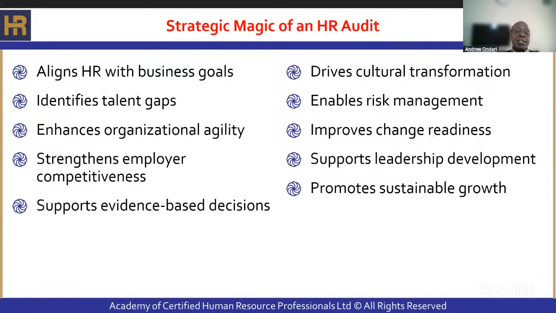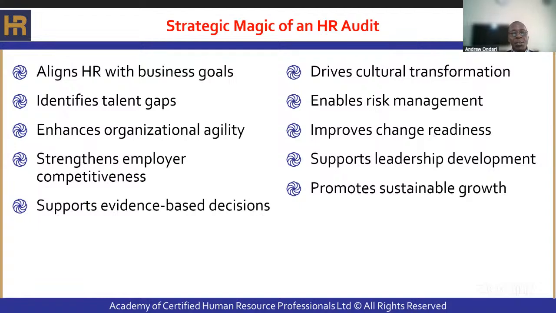The recent changes that have taken place include SHA, that we should be able to include those regulatory deductions related to SHA. Those are mandatory. The same with housing levy.